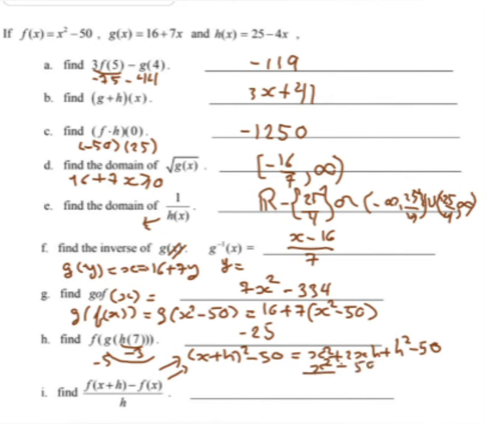Okay, subtract. x squared minus x squared cancels. Negative 50 minus negative 50, so plus 50 cancels. 2xh plus h squared. After that you divide by h. 2xh divided by h is 2x. h squared divided by h is h.